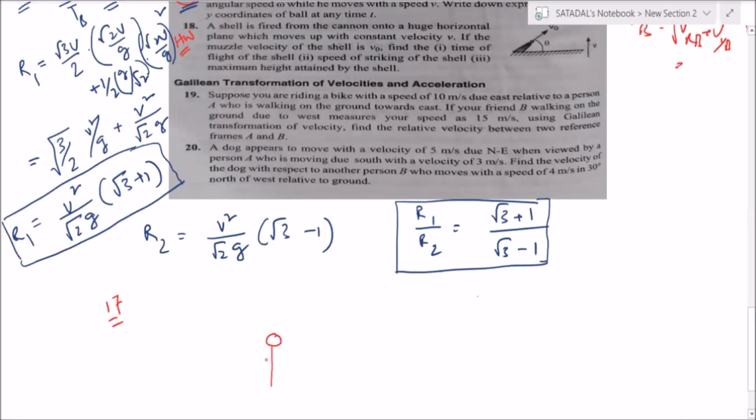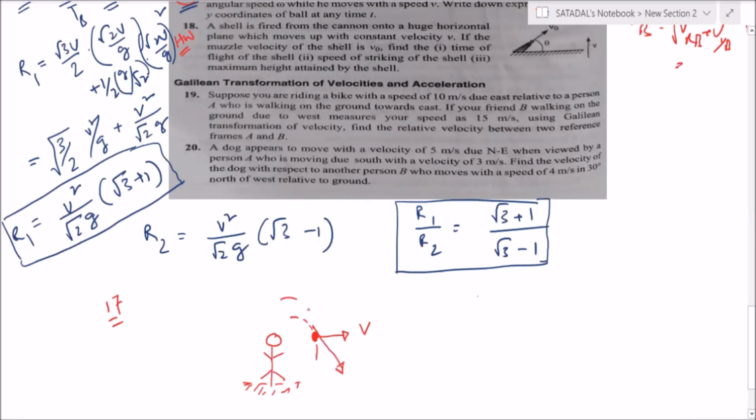Suppose he is the bowler. Dale Steyn, Glenn McGrath, Shoaib Akhtar, whatever you can imagine. So suppose he is delivering the ball from here, and the ball velocity is in this direction, V. So his hand should be rolling down in this direction.